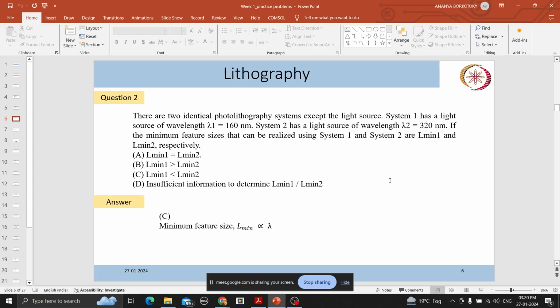Is there any confusion in this question? This was also covered in one of the lectures. Since there is no question, I think it is clear. Let's go to the third question.